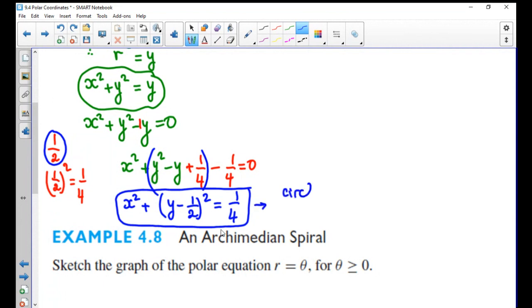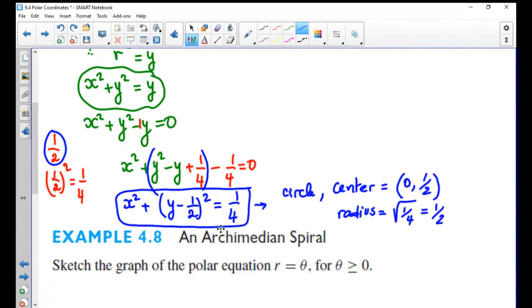So this is a circle. The center is the point 0, half, and its radius is the square root of 1 over 4, which is half. So I can graph it without any problems. So the center is here. This is 1.